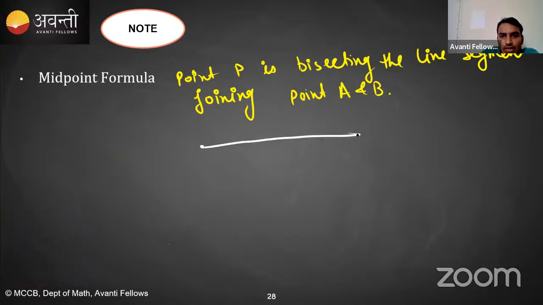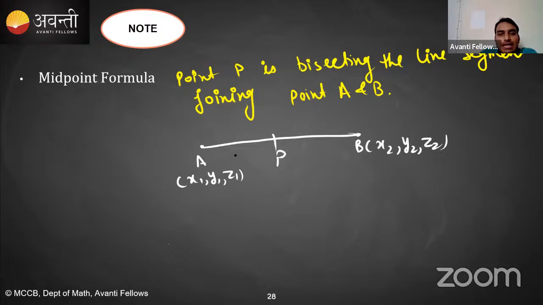Okay, if it is a midpoint, what happens? We will apply the section formula: point A is x1, y1, z1, point B is x2, y2, z2. This is point P. What does midpoint mean? It means AP upon BP should be how much? 1, right? So AP equal to BP, so it means P is dividing the line joining AB in the ratio 1:1.